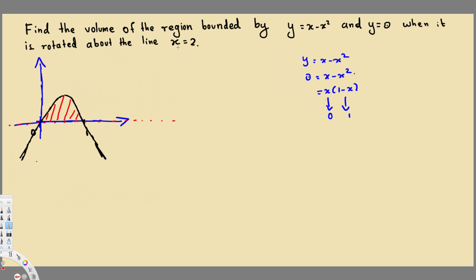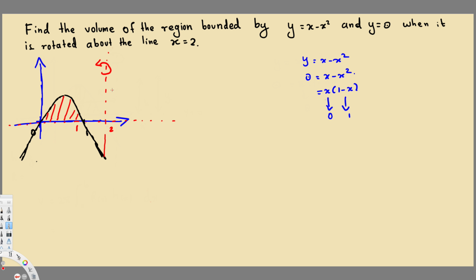And also they have given that this is rotating around x equals 2. So let's say this is 1, this is 2, and it's rotating around this line. If you notice, this is parallel to the y-axis, right? Whenever we have something parallel to the y-axis, in the shell method we write everything in terms of x.